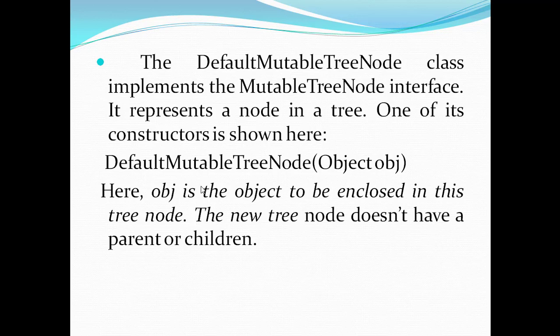One of its constructors is shown here: DefaultMutableTreeNode(Object obj). Here obj is the object to be enclosed in this tree node. The new tree node doesn't have a parent or children. The initially created tree node doesn't have a parent or children. It can be added to a parent or children.